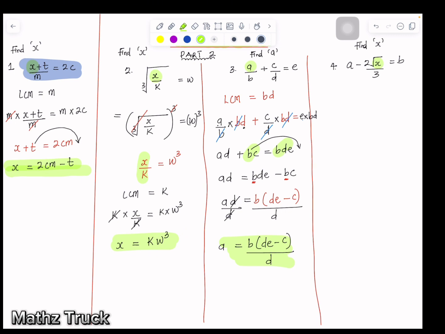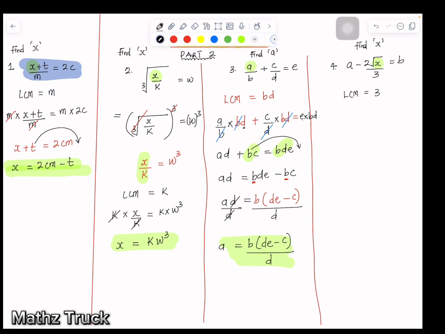Now let's move to the fourth question. The fourth question is just like the third question. Now we have A minus 2 square root x over 3 equals B. Now how do you find x? Remember, we have the LCM, which is 3.